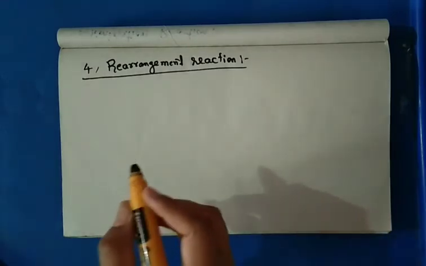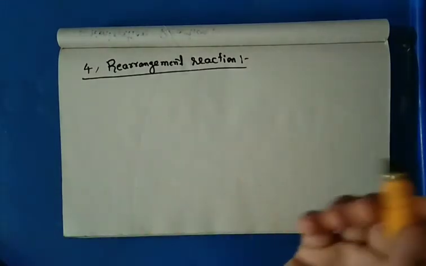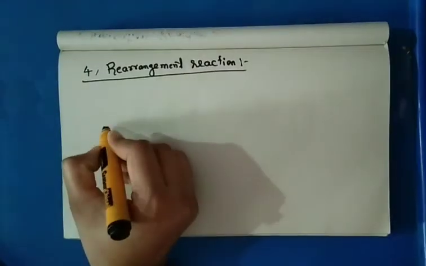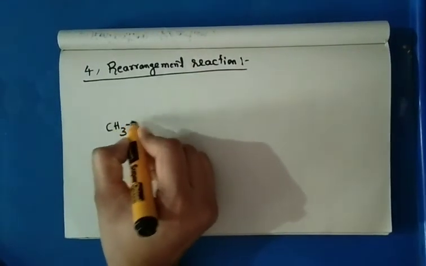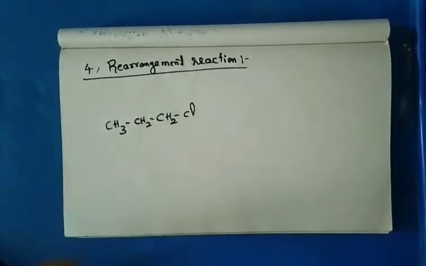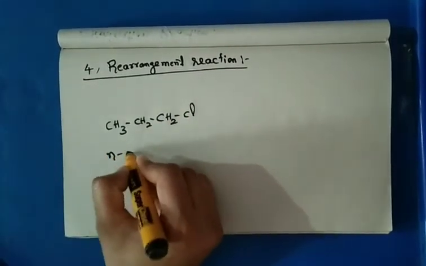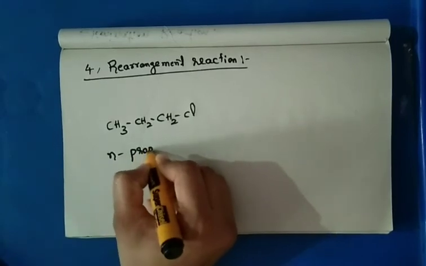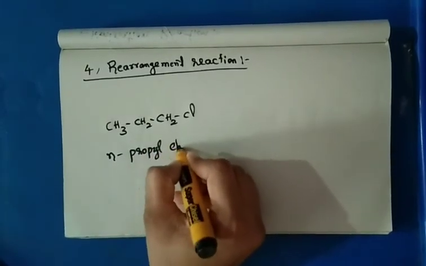First we take N-propyl chloride: CH3, CH2, CH2, Cl. This is N-propyl chloride.